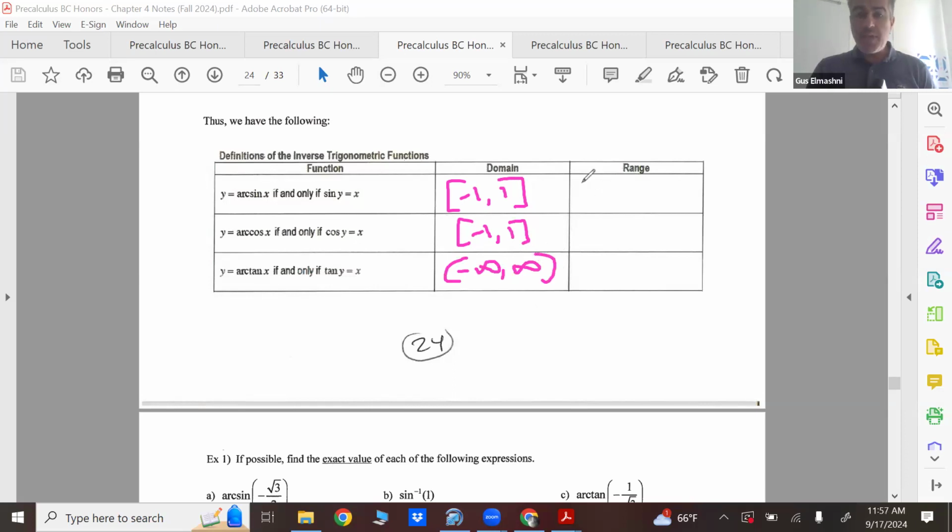And then the range, again, was in parentheses here.